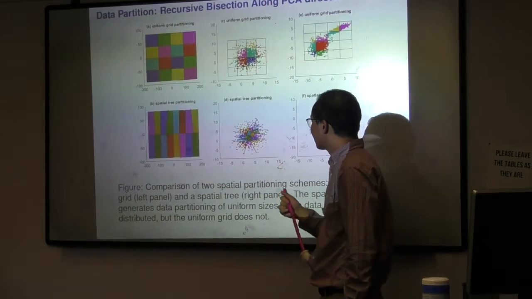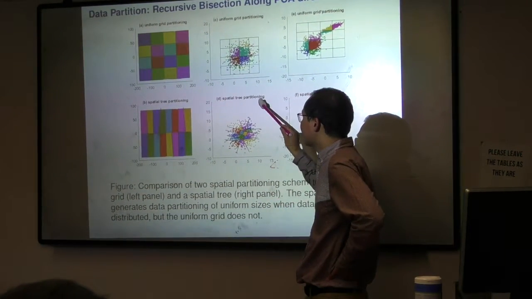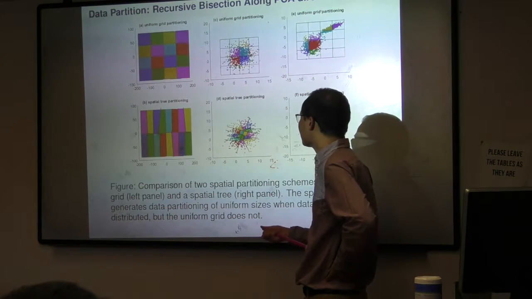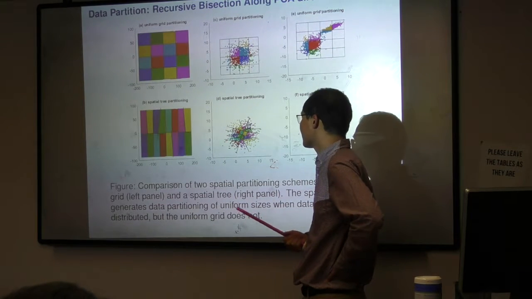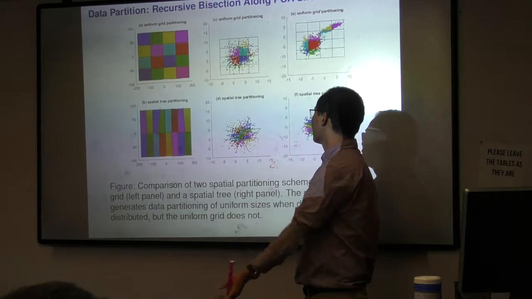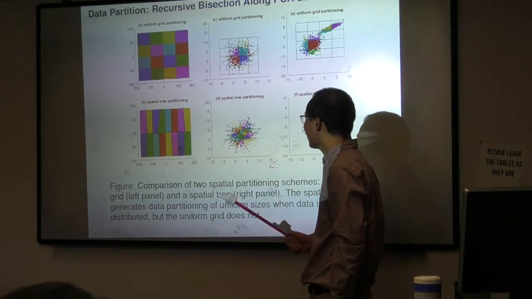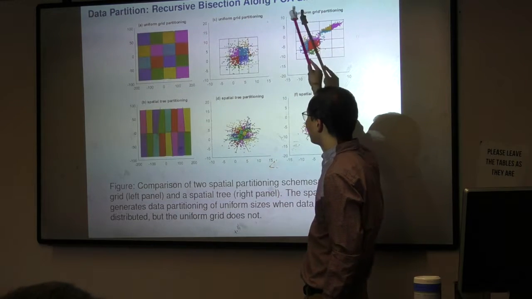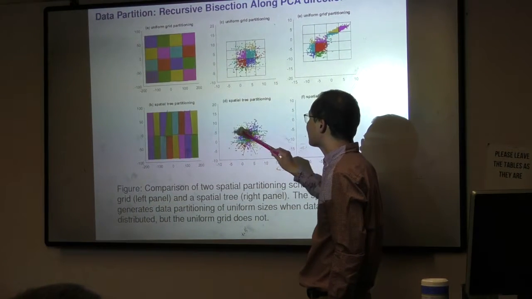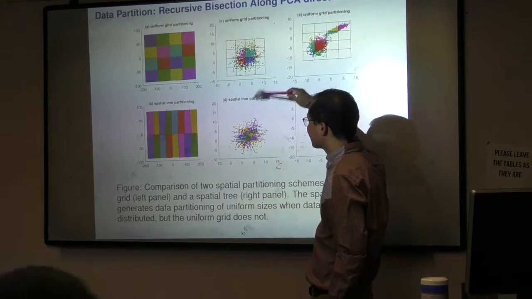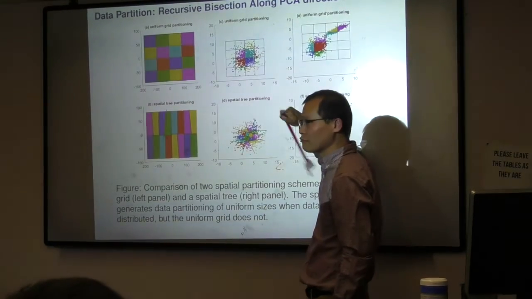So what we did is more like dyadic bisections, like trees. We bisect the data recursively along the PCA directions. The reason we choose the PCA direction is that we try to minimize the boundary region.